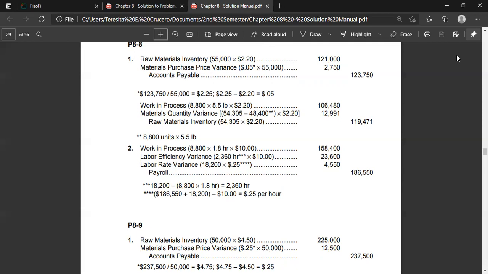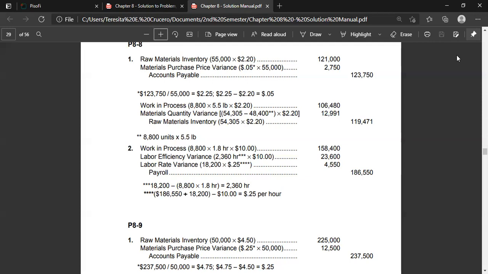First, we debit raw materials inventory, multiplying 55,000 by 2.20. Now, 55,000 is the number of pounds of materials bought by the purchasing department. So, 55,000 at standard is 2.20. So, we now get the standard price equal to 121,000.